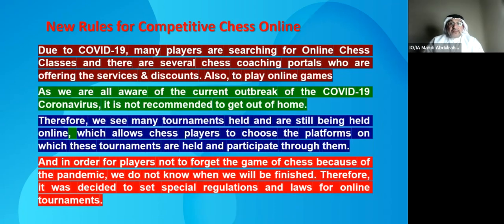And due to COVID, many players were searching for online chess classes. Also, not only for chess competition, even many players were finding classes. They want to train because they cannot go to their club or their federation. So it was online training and some private training.